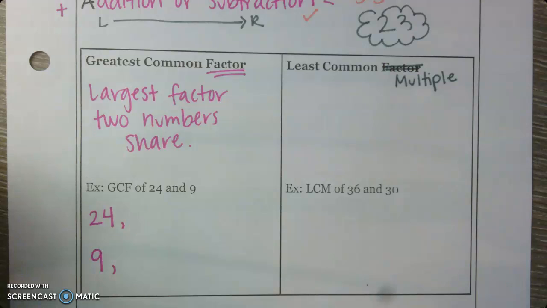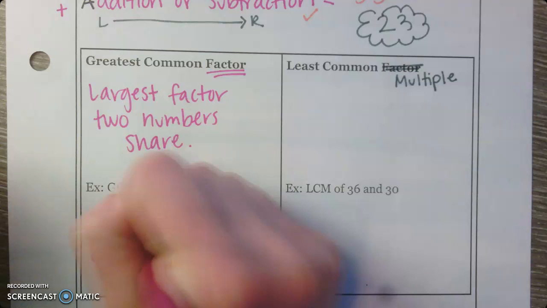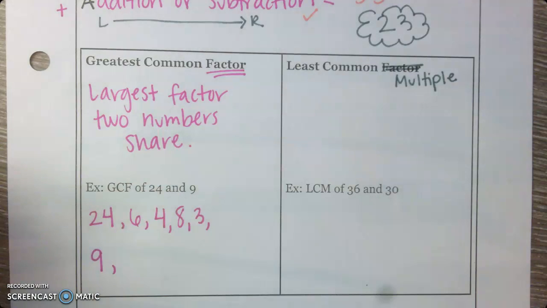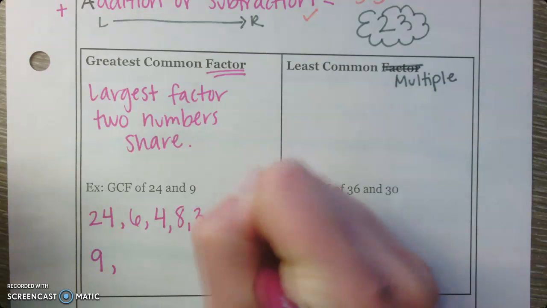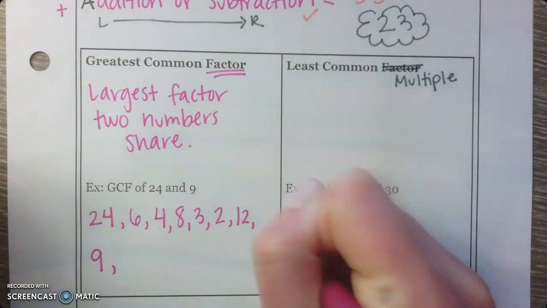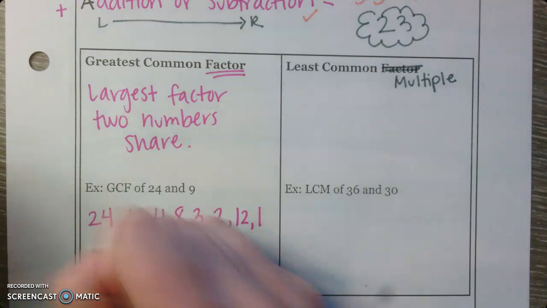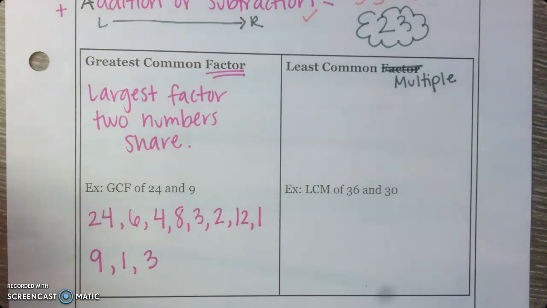So some numbers you can multiply together to get 24 is 6 and 4, 8 and 3. It's even, so you know that you can do 2 times something, 2 times 12. You also can multiply 1 times 24. Okay. I think those are all the factors of 24. And then 9 and 1, 3 times 3, but because I have 2 3s, I just write it 1 time.